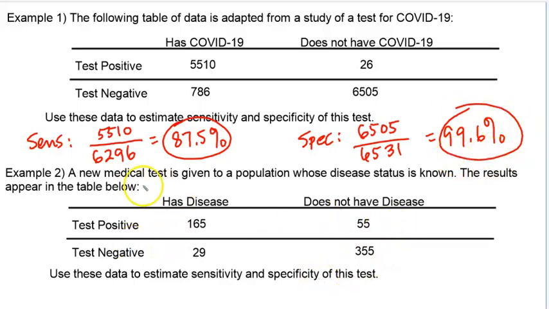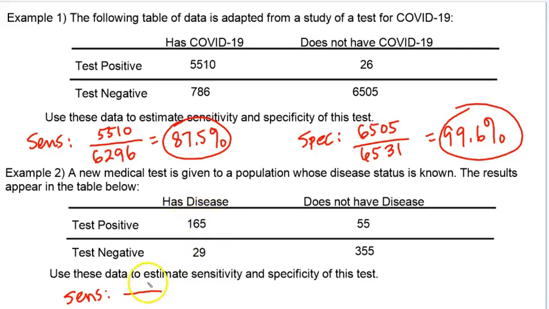Okay, another example, same type of process. This is a different test that is given. So let's calculate the sensitivity of this test. The test's ability to accurately identify those people who do have the disease.